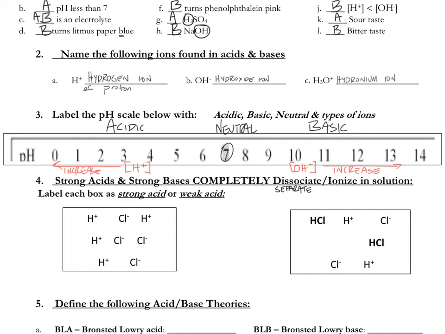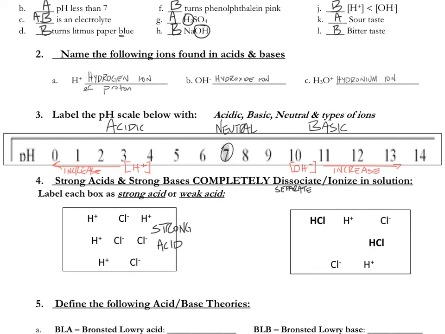When I look at the box on the left, I see hydrogen ions and chlorine ions. Not a single one of these is bonded together, which means they have separated completely. This indicates a strong acid, strong because it is completely separated.